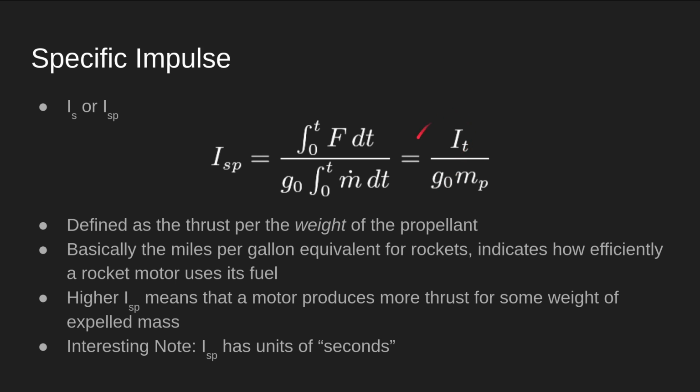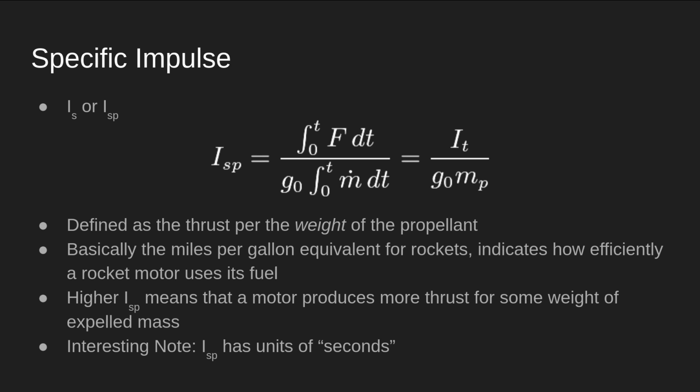So in other words, the specific impulse of a rocket engine is the total impulse divided by g naught, which I'll talk about later, times the mass of the propellant of the rocket engine. So it's defined as the thrust per weight of the propellant. So it's important to realize that this is just mass. Mass is different from weight in physics.